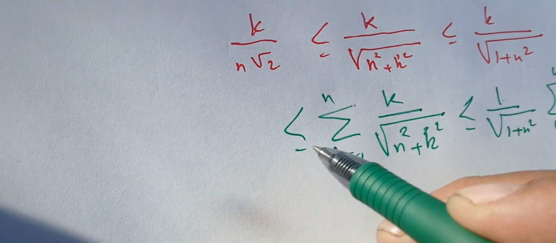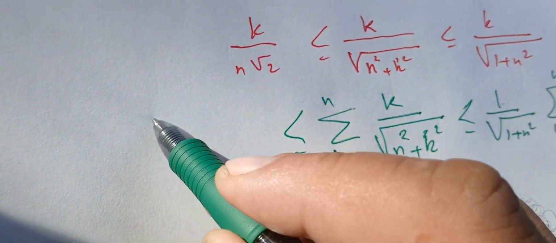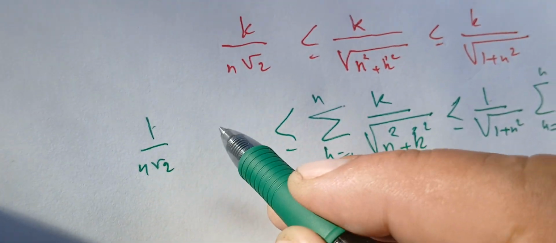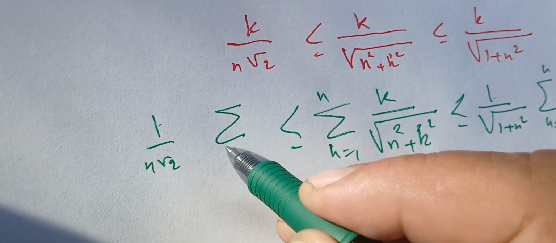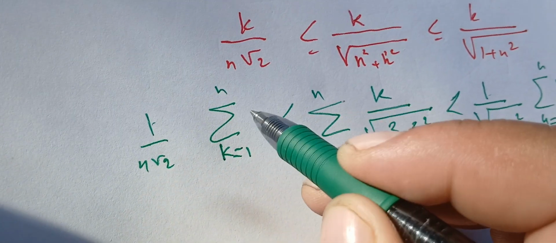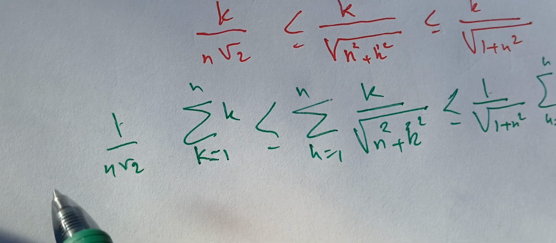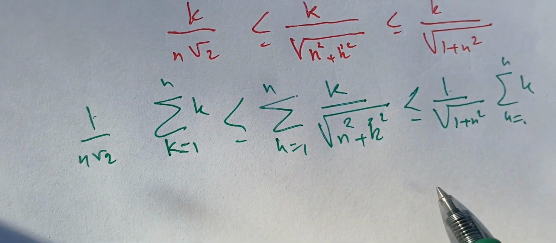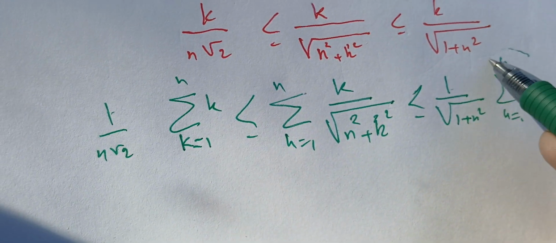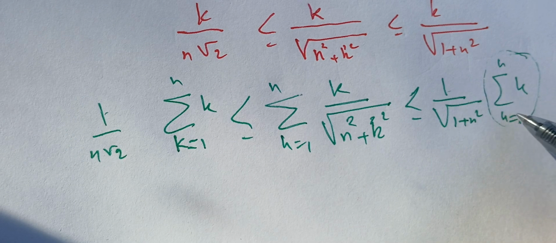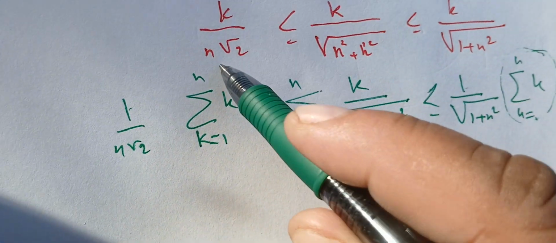And here I also have 1 over the square root of 2 times n, which doesn't depend on k, so I have the sum k going from 1 to n of k. I'm almost done, except that I need to know this value in terms of n. The same thing for this one here.